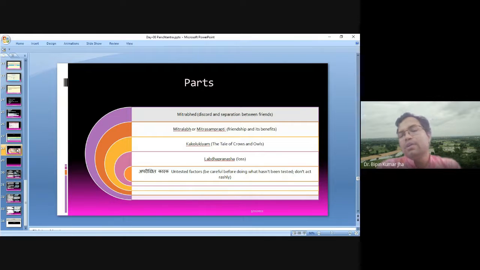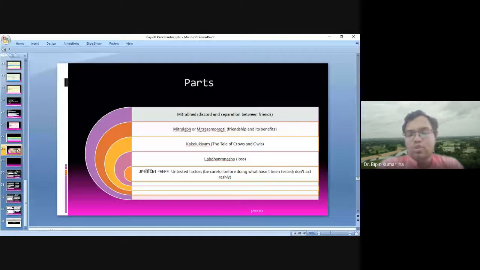Mitra labh, what are the benefits of friendship? And kakolukiyam, the tale of crows and owls, but that is in a different way. And labdha pranas: if you find that you can't save anything, what should you do at that time?